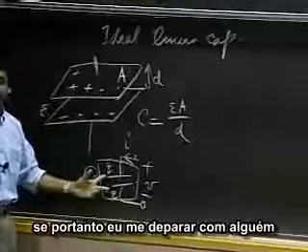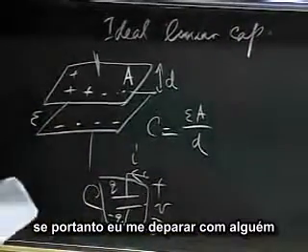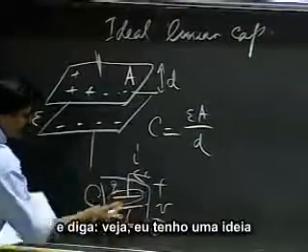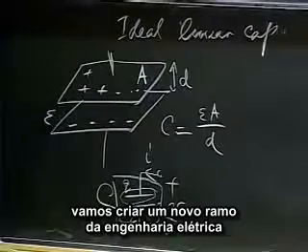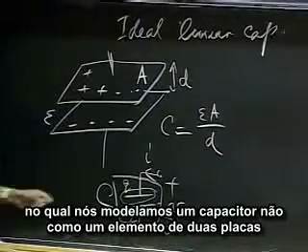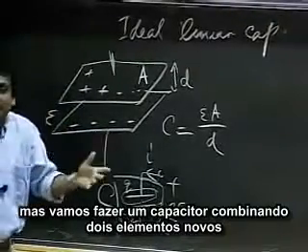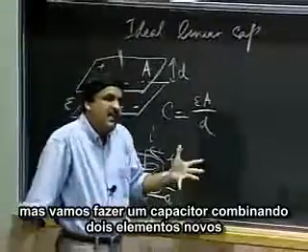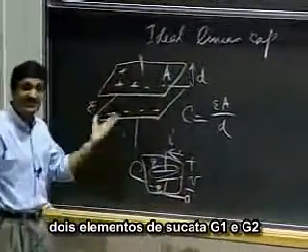Therefore, if you come across somebody who says, I have an idea, let's create a new branch of electrical engineering in which we model a capacitor not as one element with 2 plates, but by combining 2 new elements, some 2 garbage elements called G1 and G2.